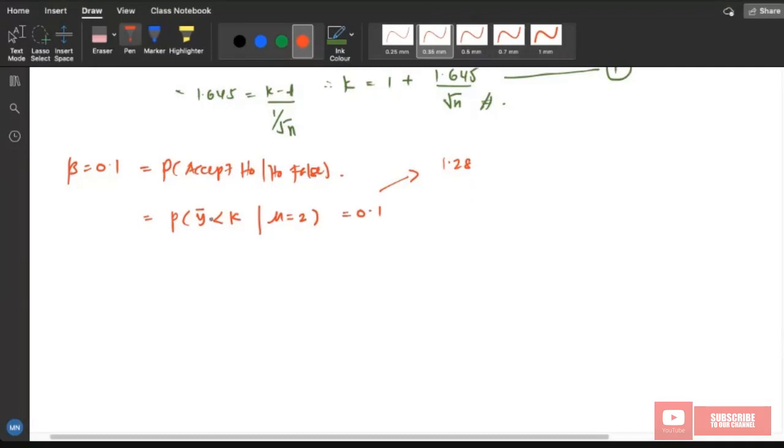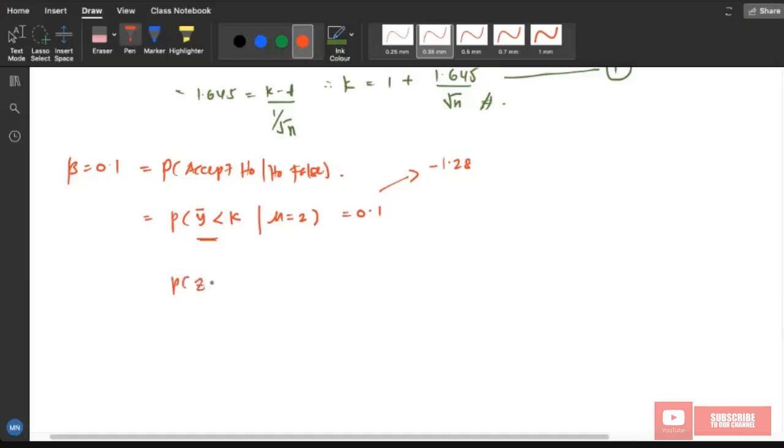Right. So since this value is on the left hand side, it should be negative 1.28, right?